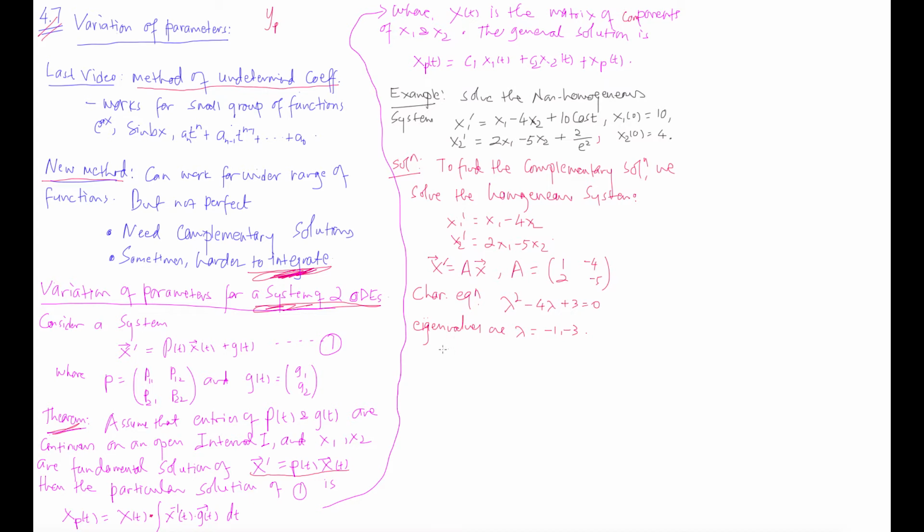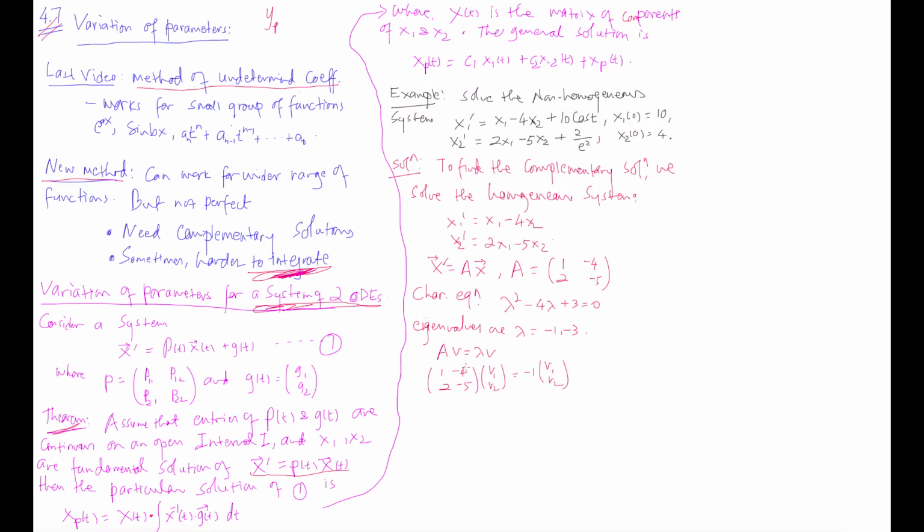How do I find the eigenvector? Do you remember that? You do A times V. A times V equals lambda times V, right? What is A? It is 1, negative 4, 2, negative 5, and then V we write V1, V2, that is the eigenvector, equals lambda, which is negative 1, times V1, V2.